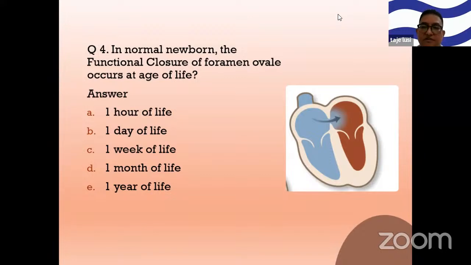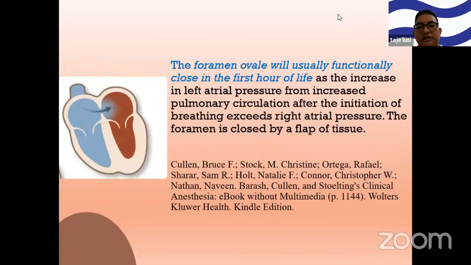Most of them have given D and some A. Let's go to the explanation. In intrauterine life, the blood flows from right to left, because the right atrial pressure is greater than the left atrial pressure. So at birth, what happens?